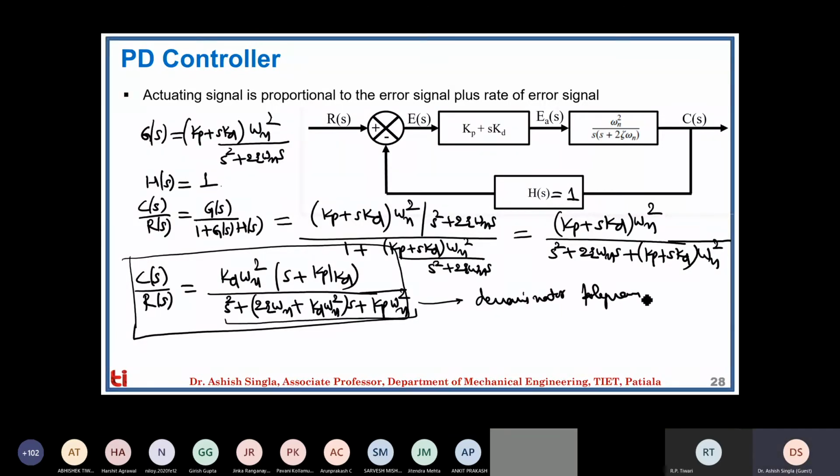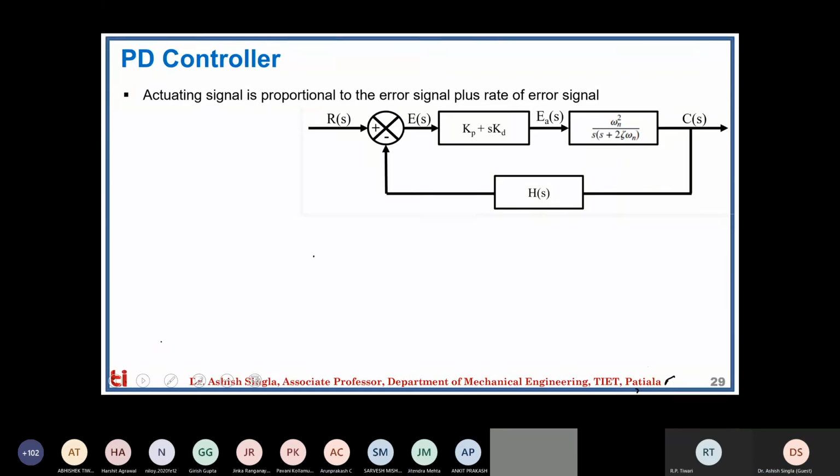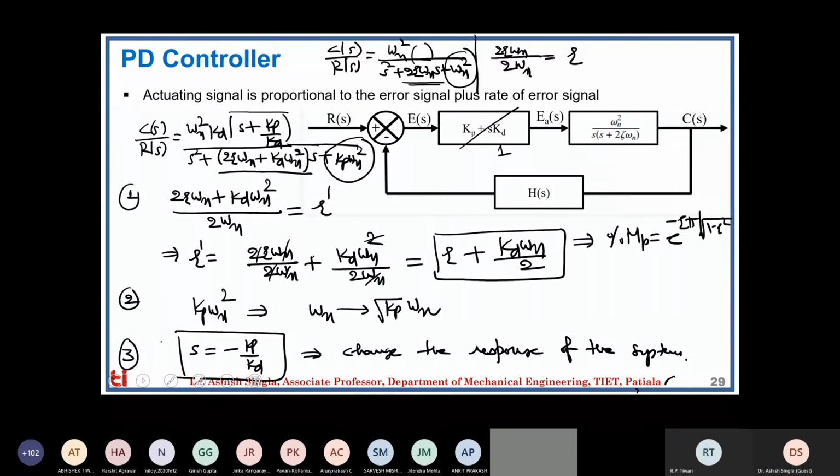This is called the denominator polynomial, which plays a vital role in controlling the system from the stability point of view. If you see this denominator polynomial, there is a change in the system as compared to the original plant. This is the original plant.